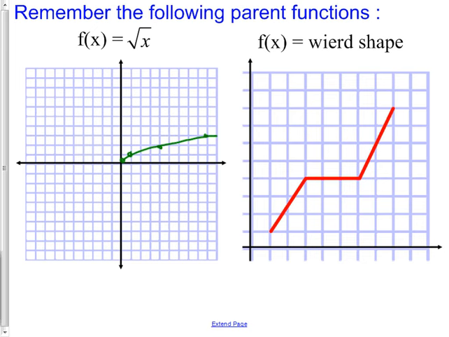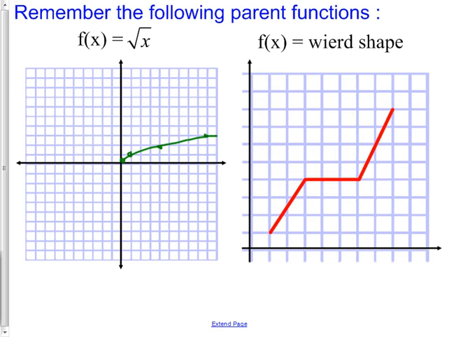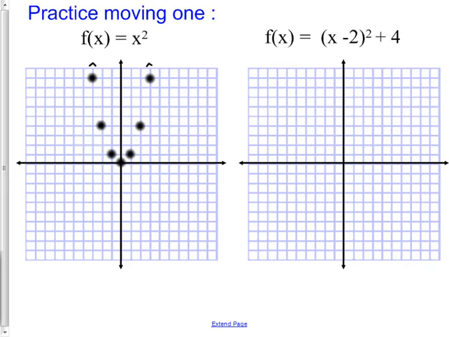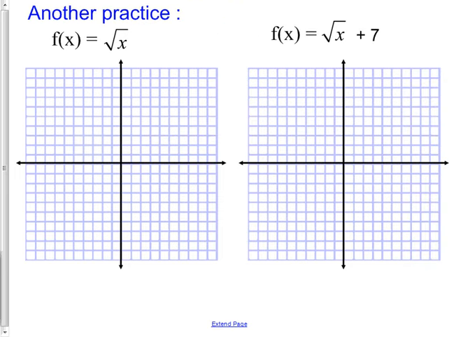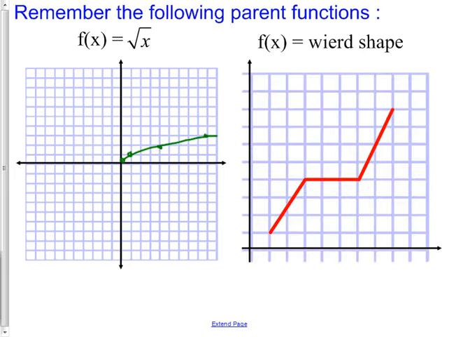All right. Now, what if we just have a weird shape like this one, like this red squiggly? Well, you're expected to be able to move that around too. So if, for instance, I had that squiggly and I said, I want to do f of x plus 3, it's not too hard to tell what I'm trying to tell you.